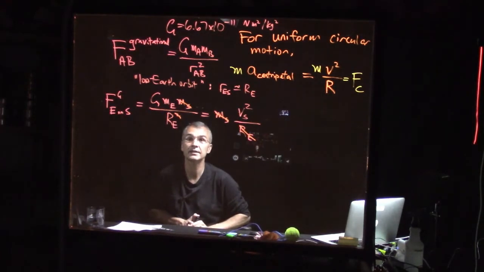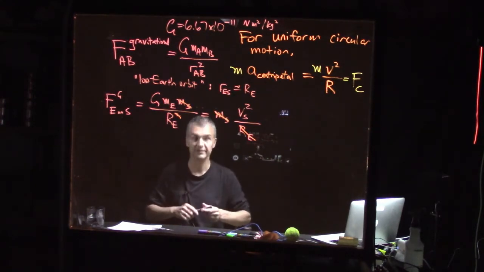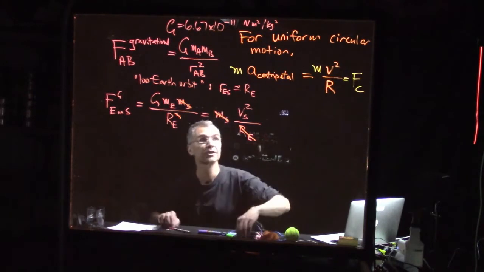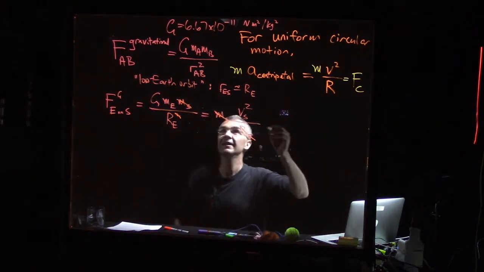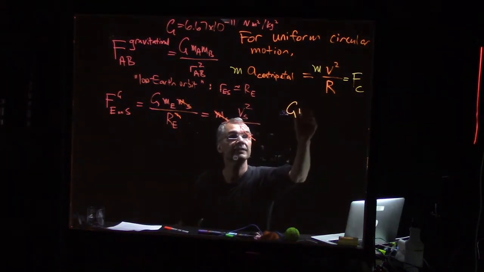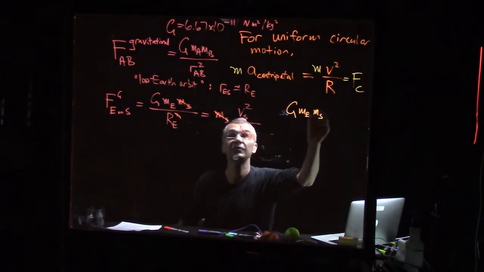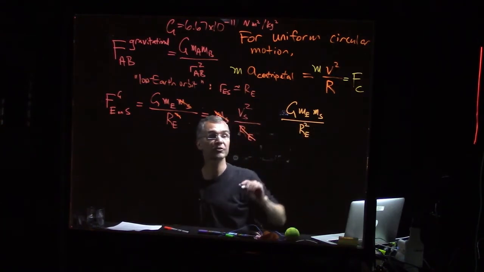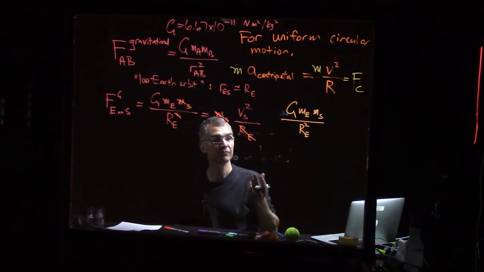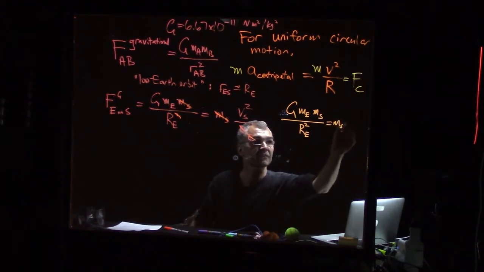then we can use a trick. Let's use a nasty trick, which is that it turns out that big G times the mass of Earth times the mass of some satellite, if it is at Earth's radius, so when you're standing on Earth, right at Earth's surface, the gravitational force between you and Earth just equals your mass times little g.